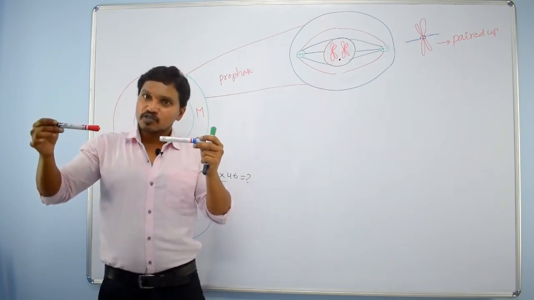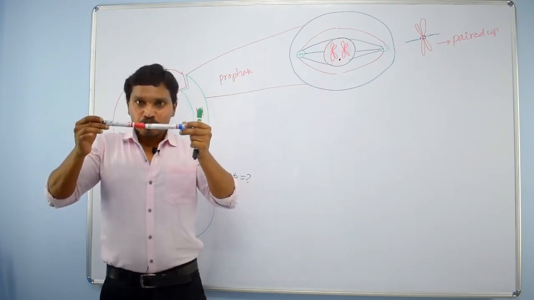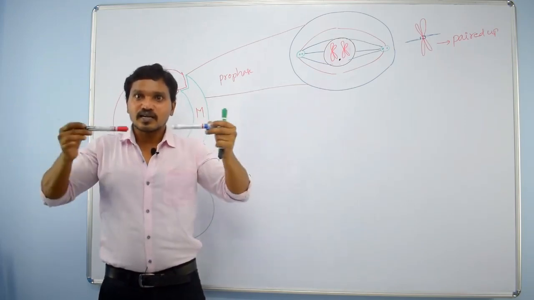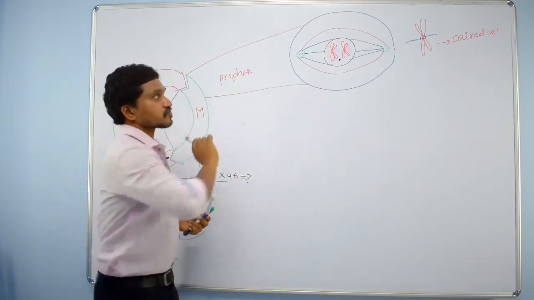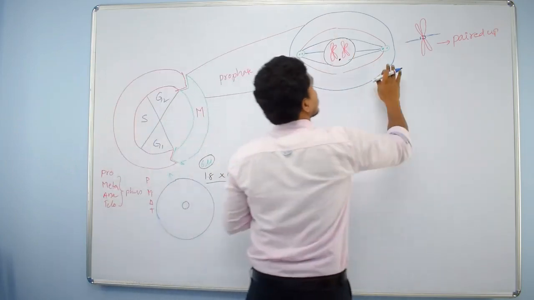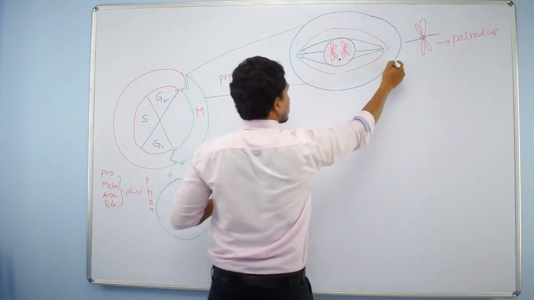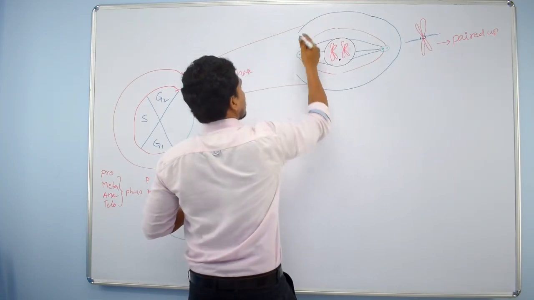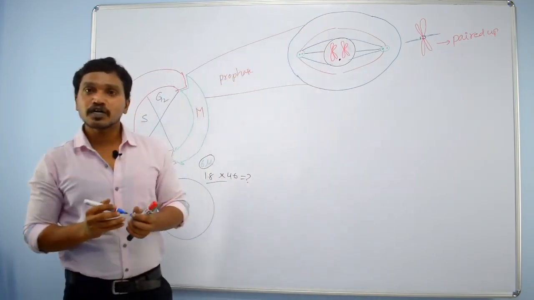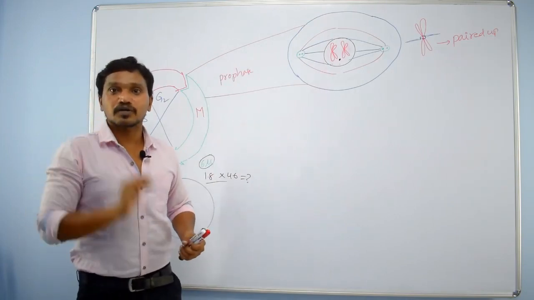This microtubule is also growing, this microtubule is also growing. So when they oppose each other, the size of the cell increases, right? So that is the elongation of the cell. That is about which microtubule? Yes, polar microtubules.